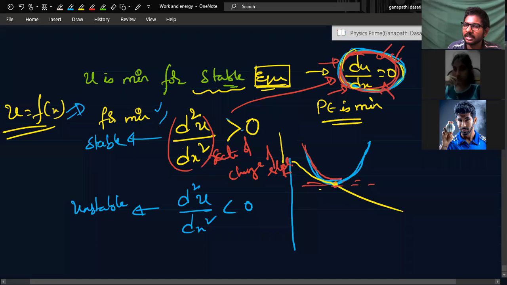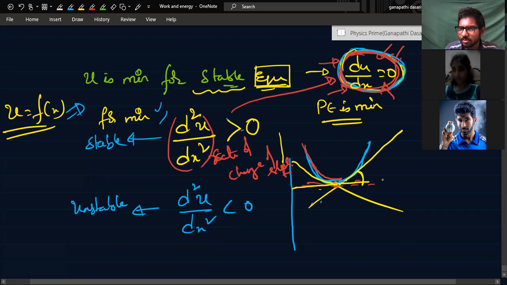Just after the point, it is like this. Now this is a negative slope and this is a positive slope.